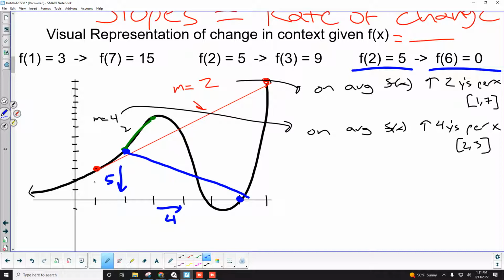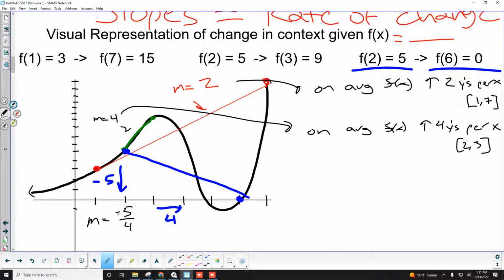I'm going down 5. That means I've decreased 5. That means my change is negative. We're cool with change being negative. We haven't seen it yet, but slopes can be negative. Your y's could decrease. Negative change is a decrease. So if you go down 5 over 4, the slope is negative 5/4.